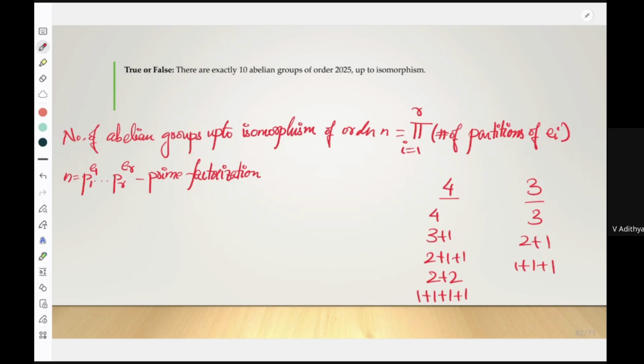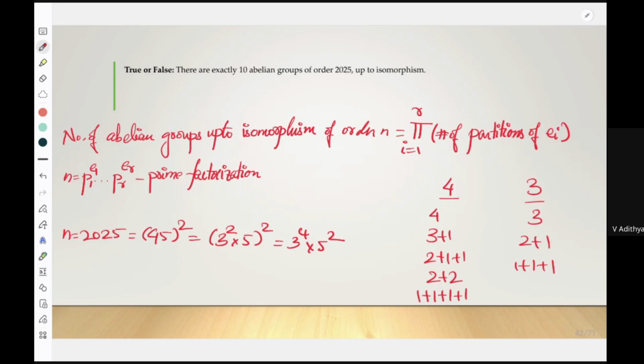So first here we have n equals 2025. What's the prime factorization of 2025? 2025 is actually 45 squared, which is 9 times 5, the whole squared, which is basically 3 power 4 times 5 squared. This is the prime factorization of n.